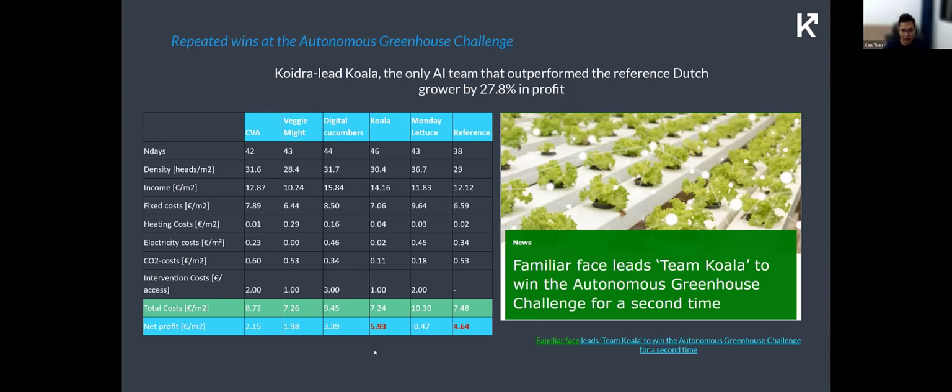And for the second time, we were the number one team, and for the second time, we outperformed the reference growers, and the reference grower outperformed every other team, as you can see here. So the familiar face here means this is our repeated win at the Autonomous Greenhouse Challenge.